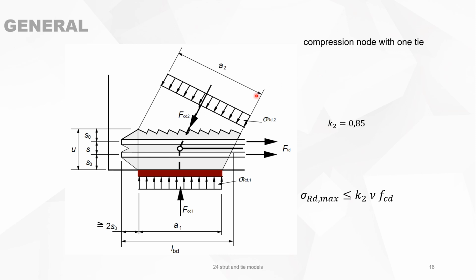For a compression node with only one tie, so there is a compression force, reaction force, and one tie, then the maximum allowable compressive stress in the node is K2 times nu FCD, and K2 is 0.85.